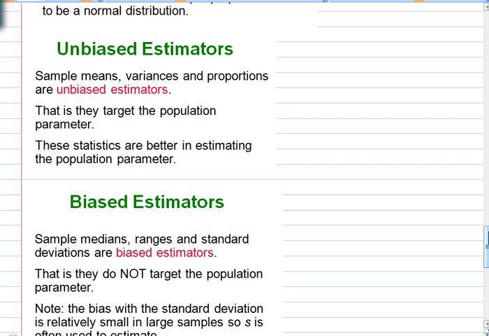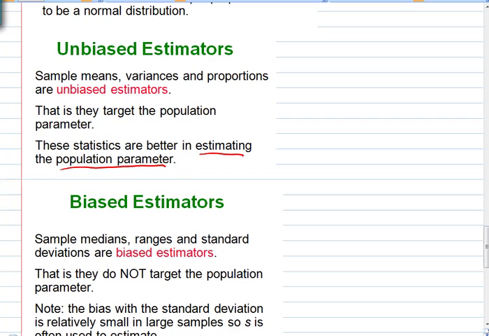Now, I did use the words biased and unbiased. Unbiased estimators are things like the means, the variances, and the proportions. That is, they target the population parameter, and these statistics are better in estimating the population parameter. And the last part of this course is going to be all about estimating or inferring what's going on with the population just by looking at a sample. What we were doing in the first half of the course was describing things using descriptive statistics and probabilities.